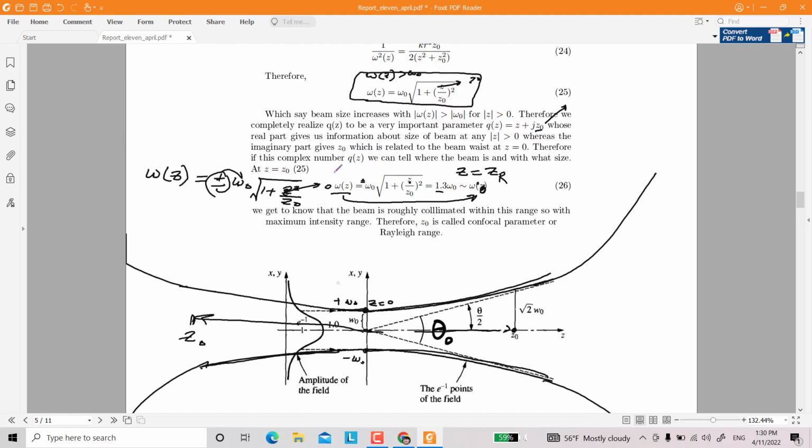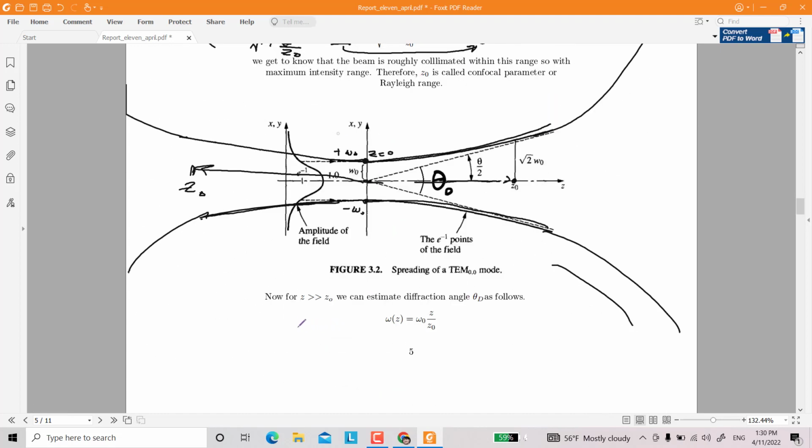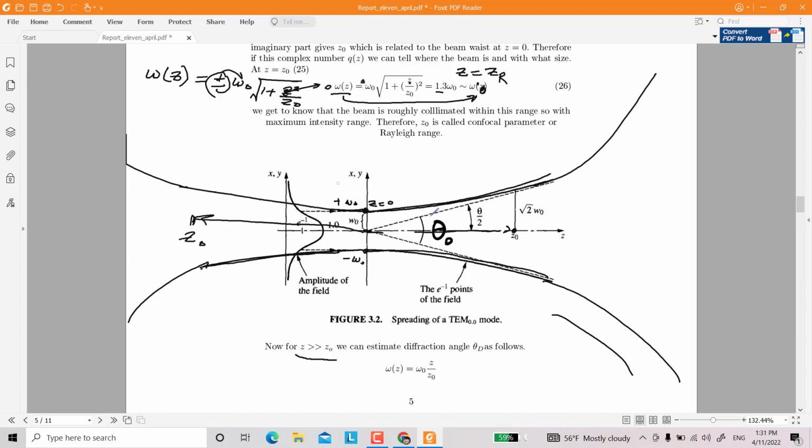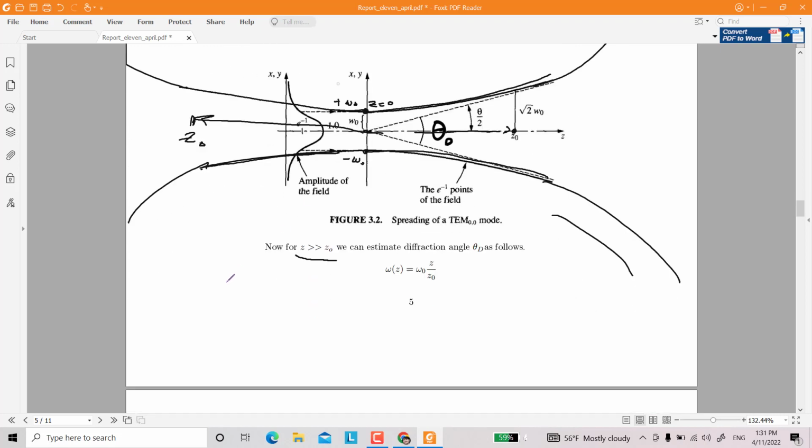So now, we did this thing. If you apply some limiting conditions, that z is much greater than z0, means you are far away from the confocal Rayleigh range, then you can write it here.